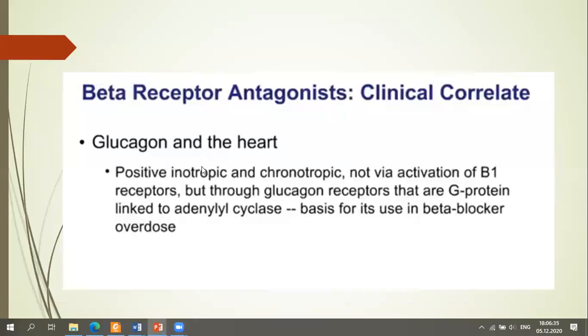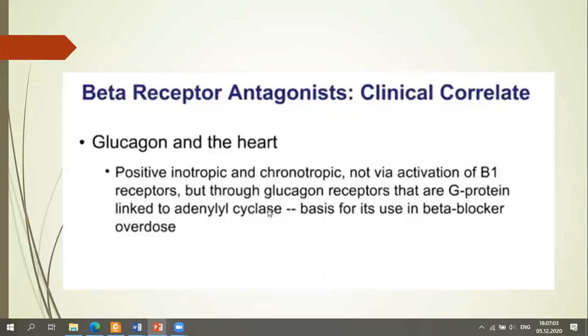And we are continuing here. Glucagon and the heart: the positive inotropic and chronotropic effects are not via activation of beta-1 receptors, but through glucagon receptors that are G protein linked to adenylyl cyclase. Now, what was the mechanism of action of beta receptors and their agonists? They are related with the adenylyl cyclase enzyme.